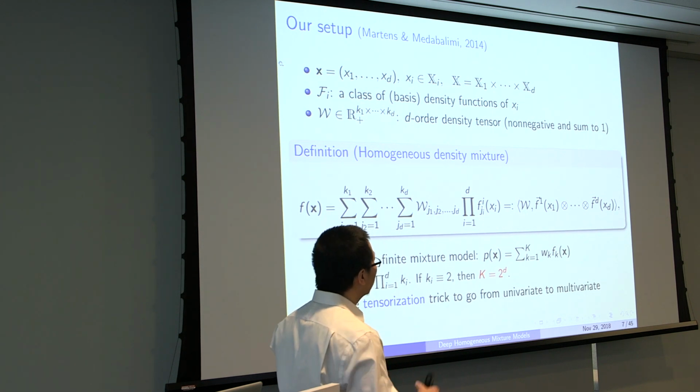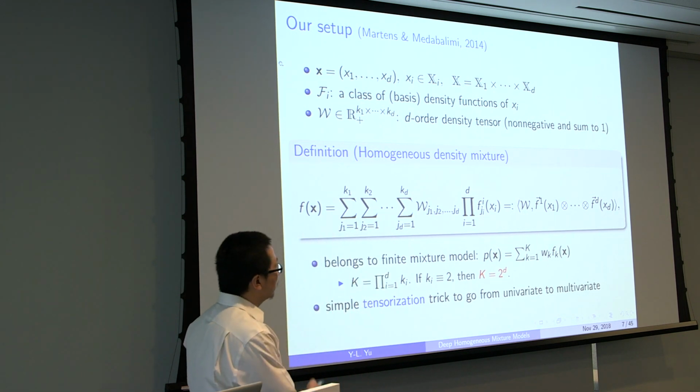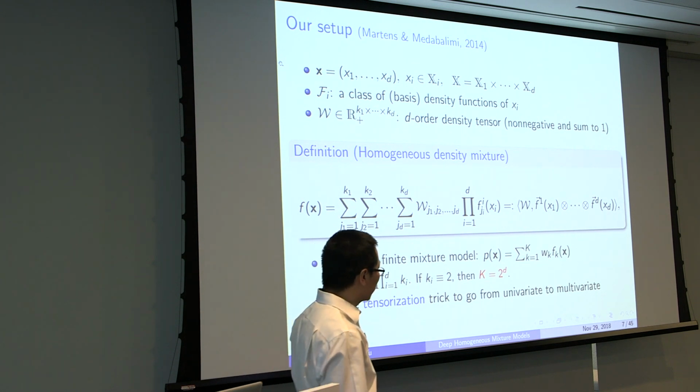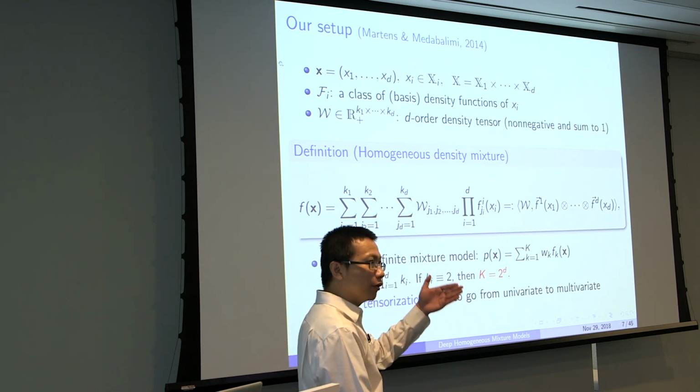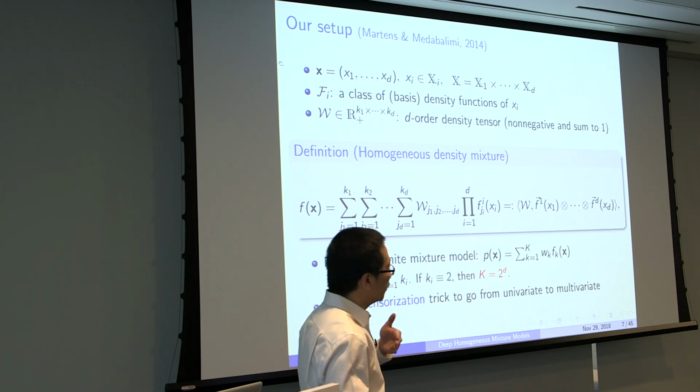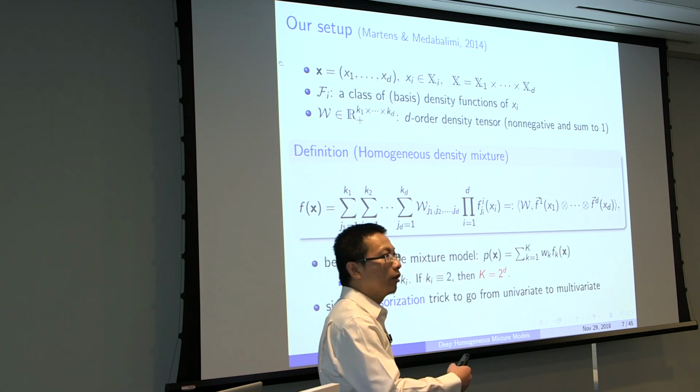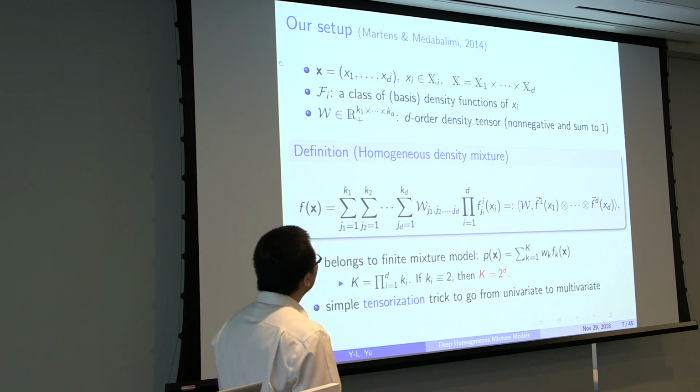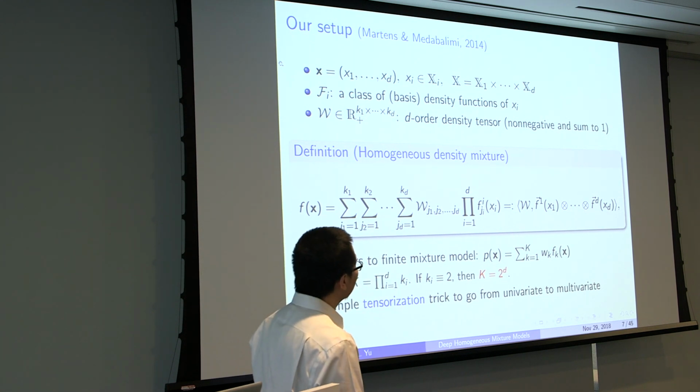So you can sum a lot of these components. This is, in fact, a very simple, well-known tensorization trick to go from univariate functions to a multivariate function. You just take a bunch of univariate functions, and you do the so-called tensor product, and you get a multivariate function. So it's a very simple trick. And this is what we call a homogeneous density mixture.